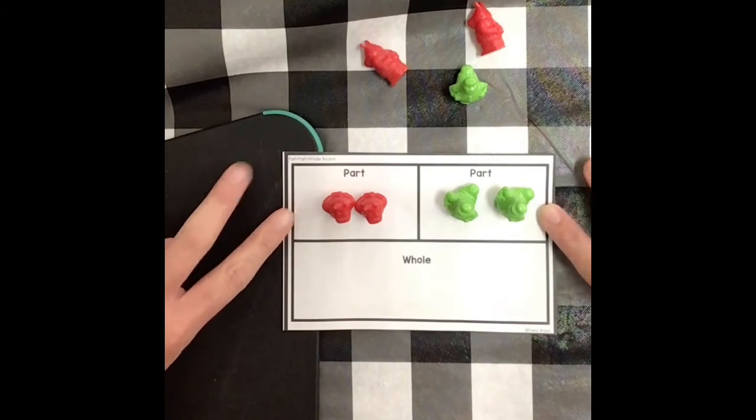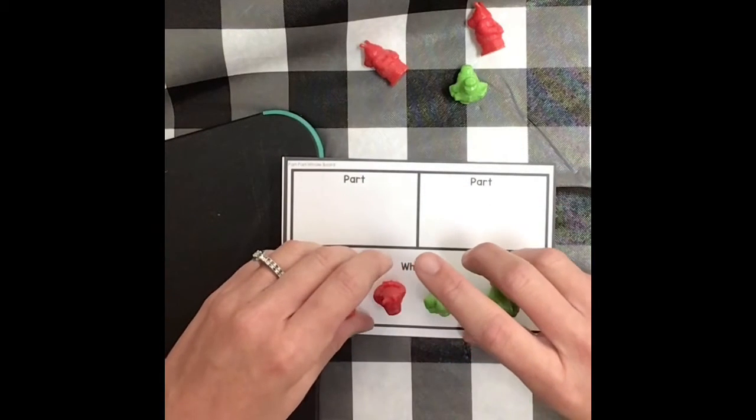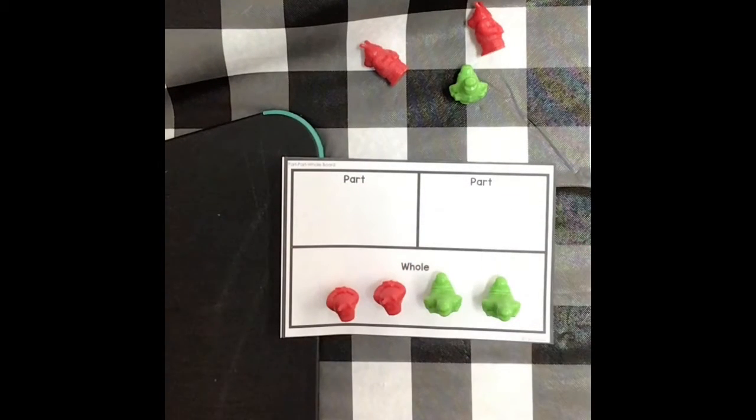Now we're going to join them together in the whole box. How many do we have now? 1, 2, 3, 4. We have 4 now.